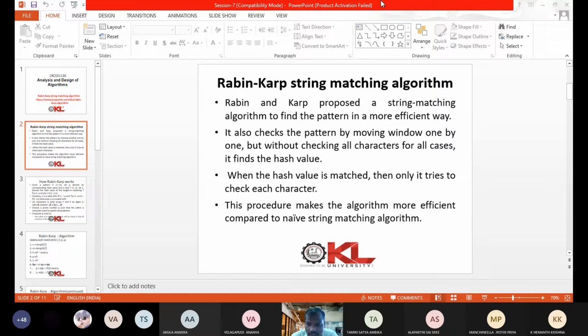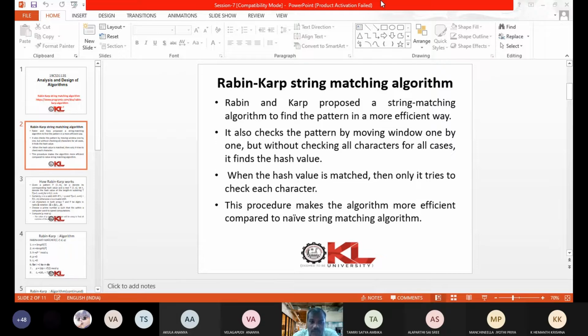So here the matching is done based on the hash value. That is the important thing we have to remember with respect to Rabin-Karp.